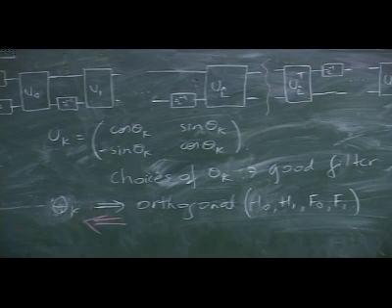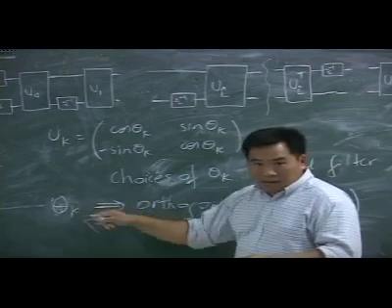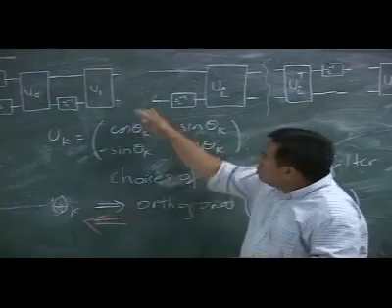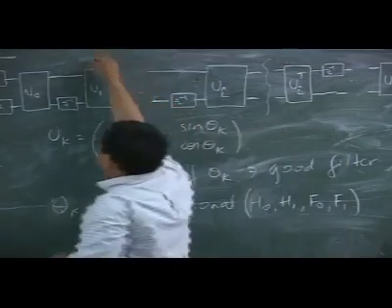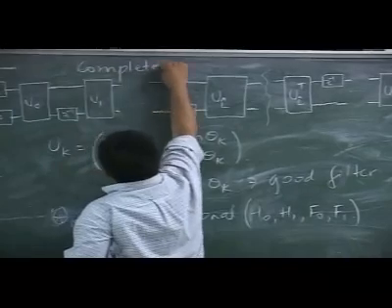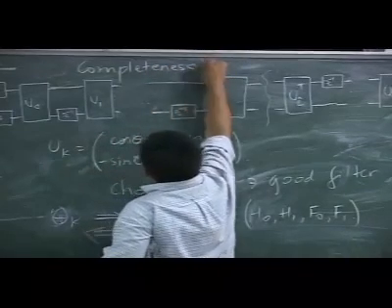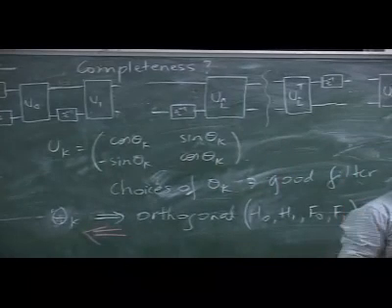So you have to provide if and only if. You have to show that it not only gives you an orthogonal filter bank, but it's the most complete structure. So, completeness. Completeness means that it's the most general structure.